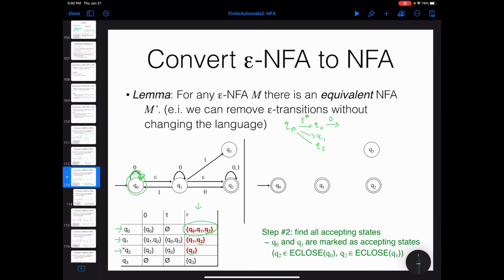So Q0 is going to stay at Q0, Q1 is going to stay at Q1, and actually move to Q2 as well. And the state Q2, with the transition over 0, is going to stay at Q2. Then, not only that, apply the epsilon transition after that as well. So Q0, Q1, Q2, this one is going to be Q2 and Q1.